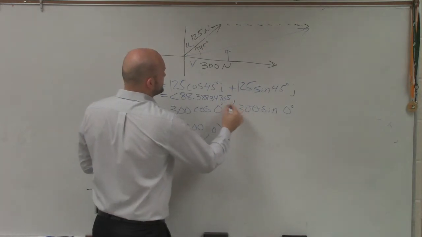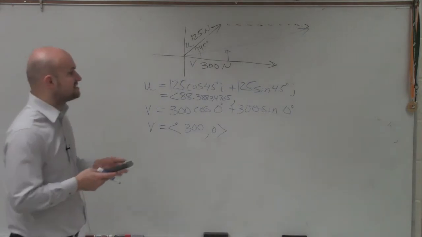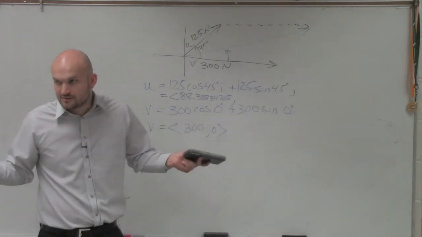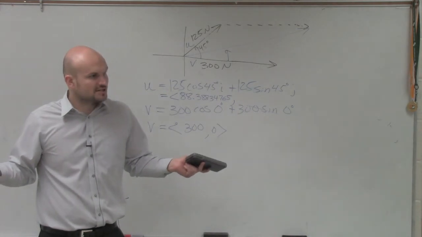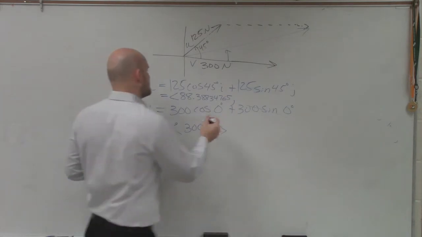Again, I'm just not going to approximate these. And then obviously 125 times sine. Well, sine and cosine, remember, are the same at 45 degrees: square root of 2 over 2. So this answer is going to be the exact same.